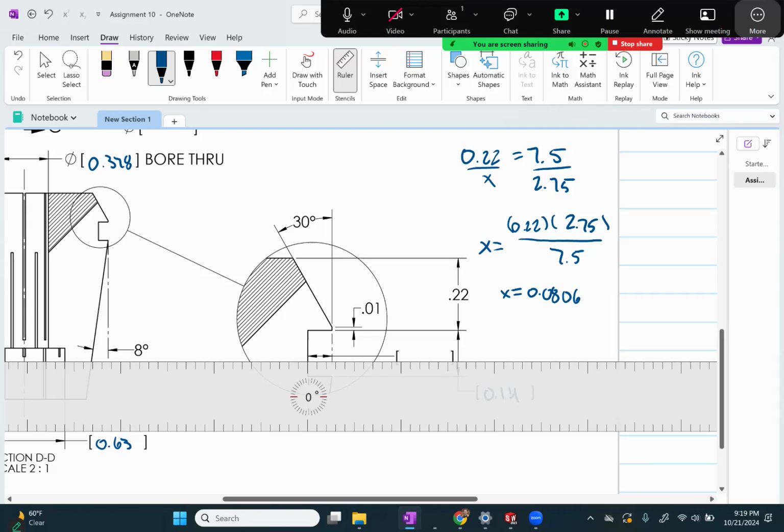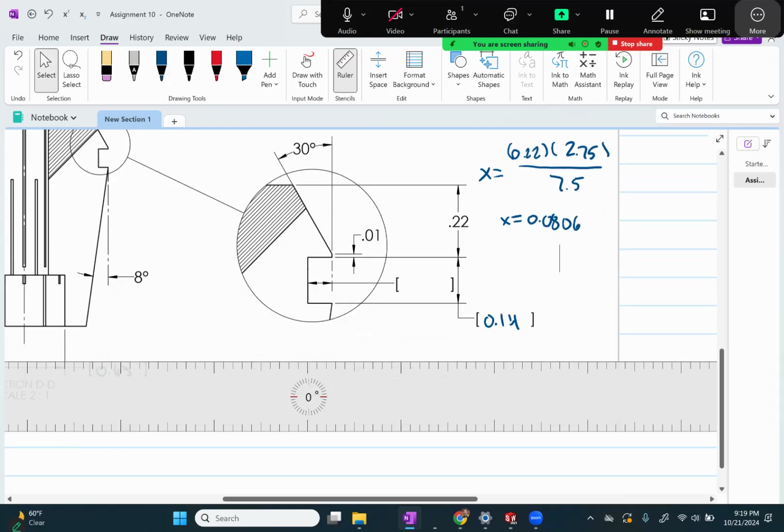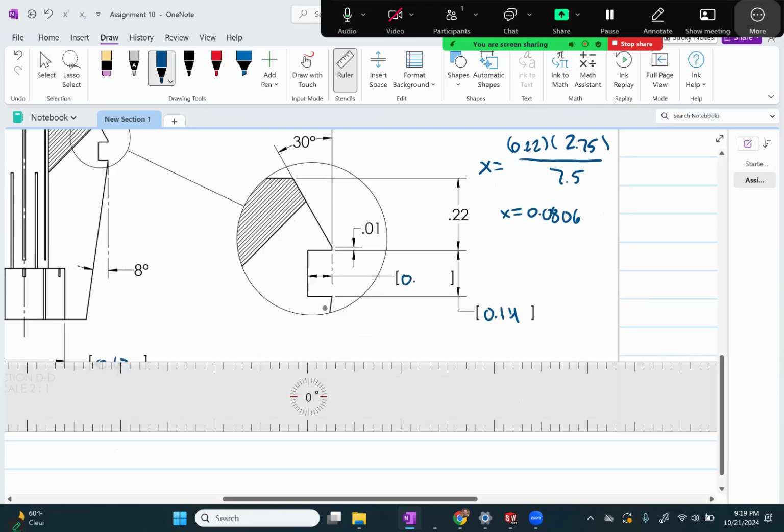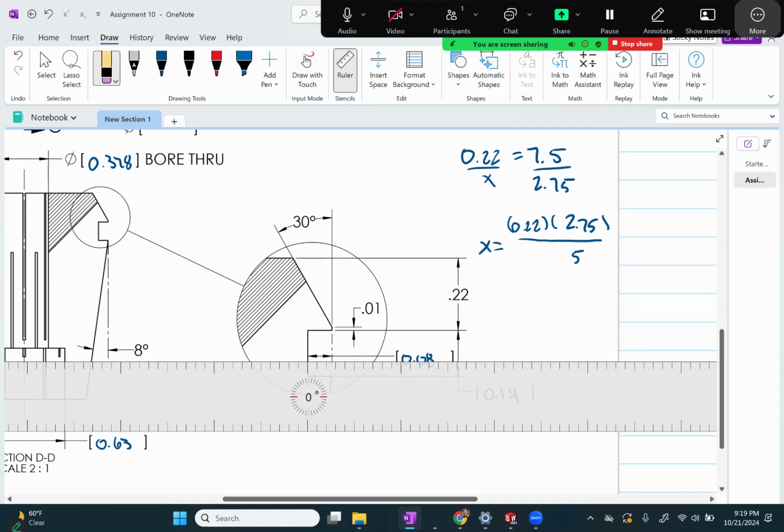So this can be rounded to 0.08. Erase this. We've found both of the missing dimensions here. So we're done with this detailed view. Let's erase our math.